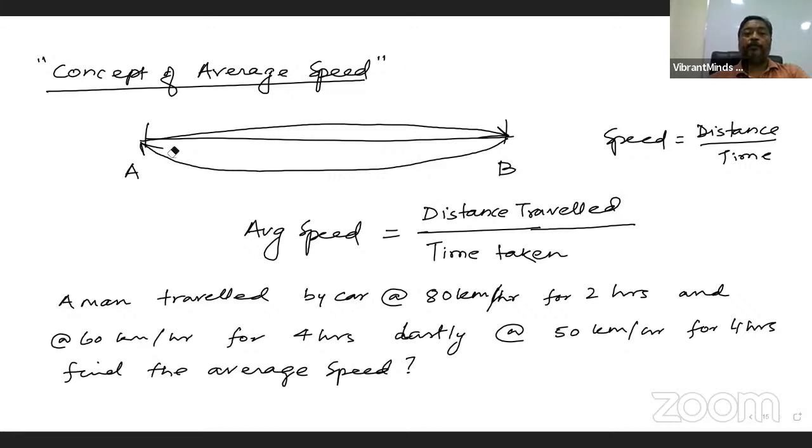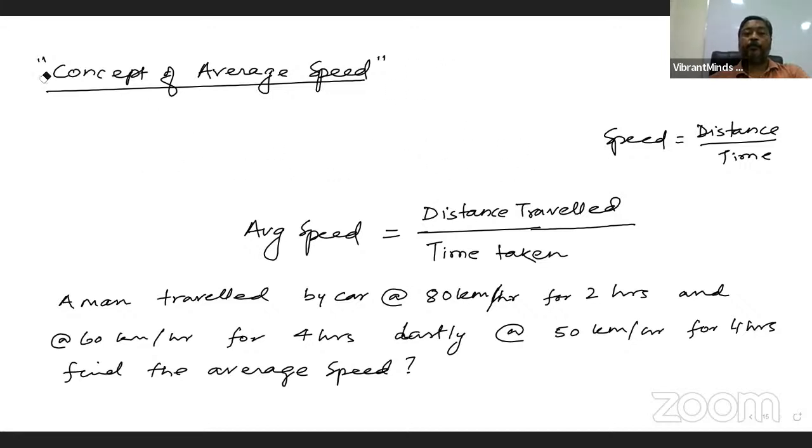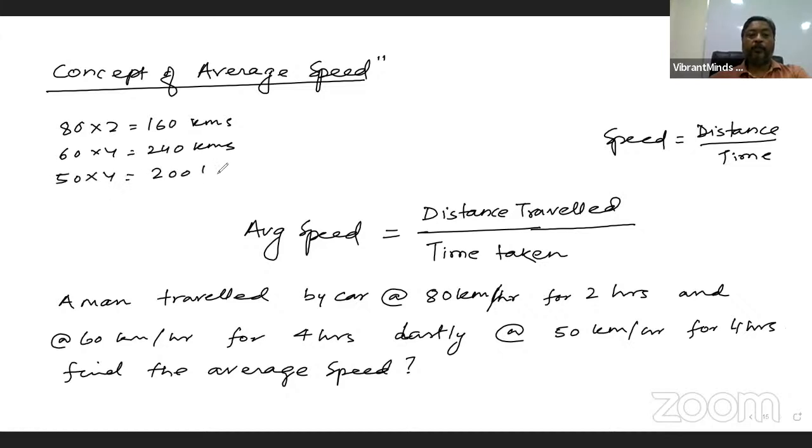Now let me show you. 80 kilometers per hour for 2 hours, so distance covered is 160 kilometers. 60 kilometers per hour for 4 hours, so distance covered is 240 kilometers. 50 kilometers per hour for 4 hours, so distance is 200 kilometers.